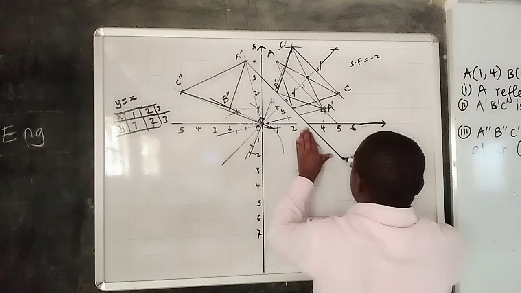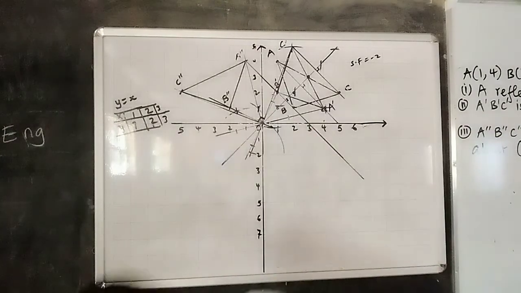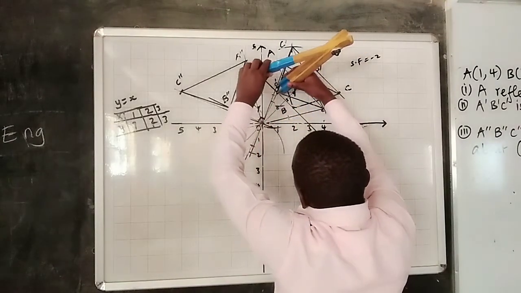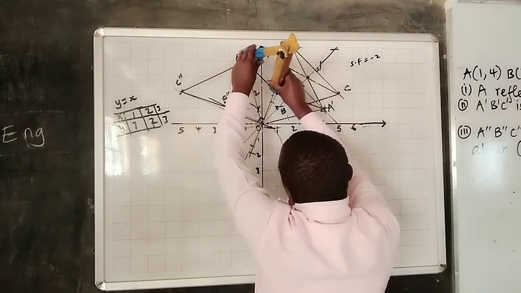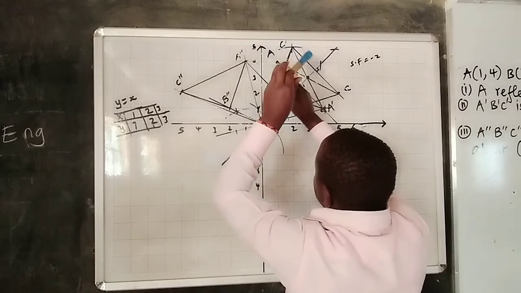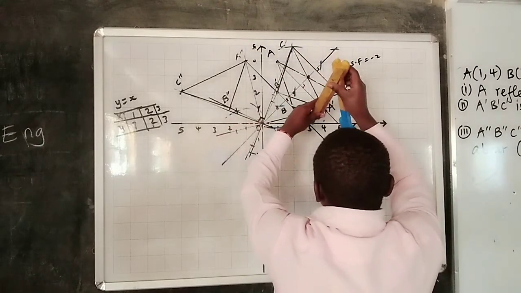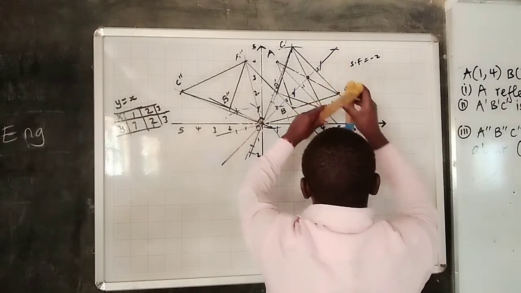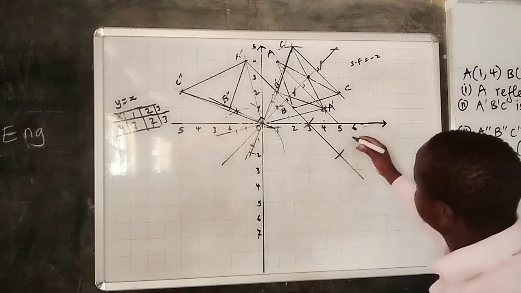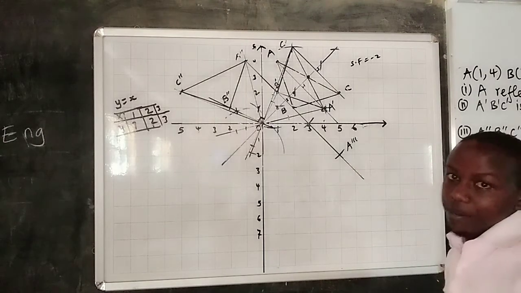Then now come here from the center of enlargement. You will take this length, because it is a negative scale factor. You go 2 times on the other side. Therefore 1 and twice. Standing here, twice. Therefore you get A triple prime there.